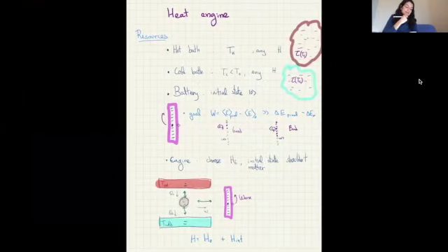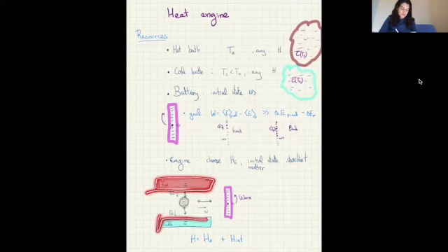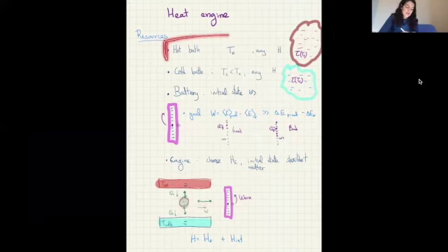So now we can start thinking about what we want from a heat engine. What are the resources at our disposal? Remember before we had a hot bath, a cold bath, some internal mechanism of the engine, and then it produced some work. So we're going to take a hot bath, which means any system.